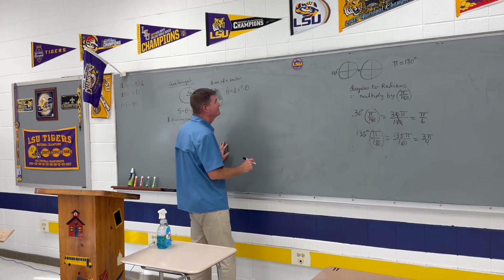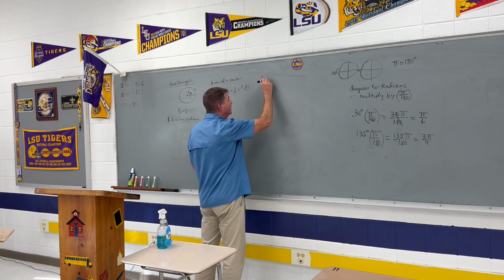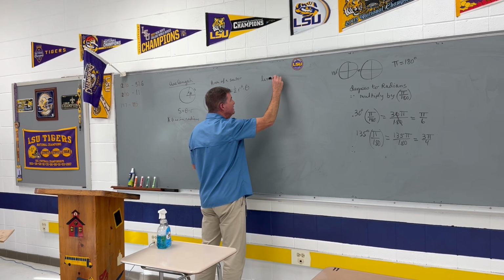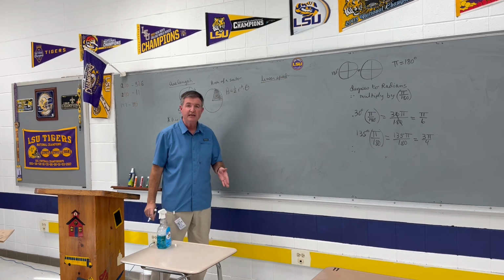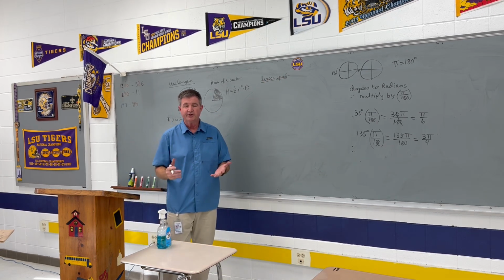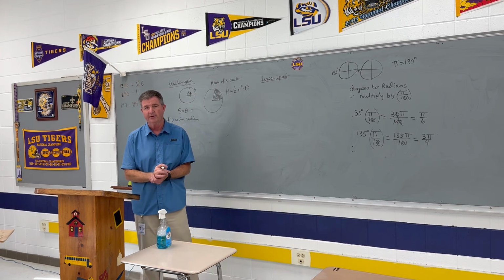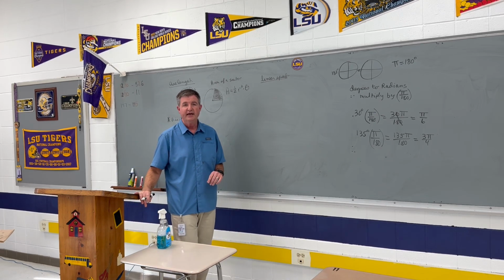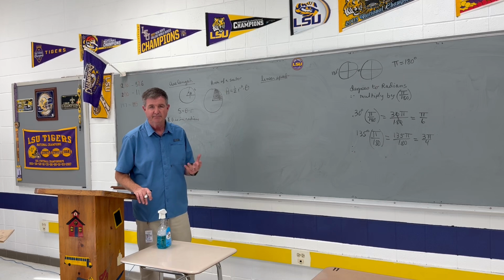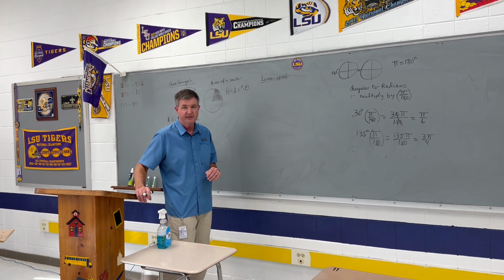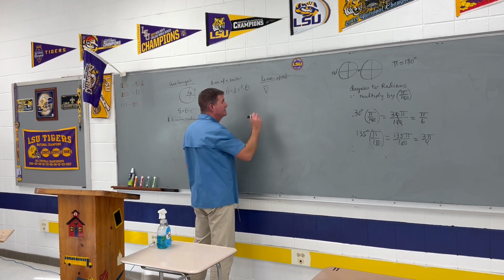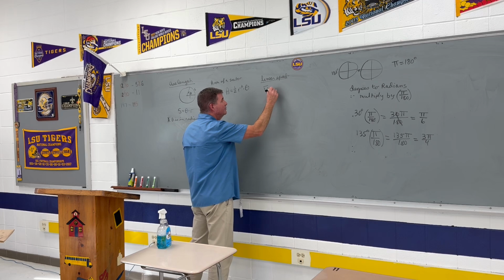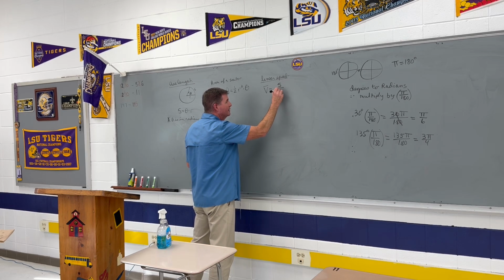So these are two of the formulas that we're going to be using. We also have something called the linear speed, meaning speed in a straight line. If you're in your car going 70 miles per hour down the highway, then your linear speed is 70 miles per hour. The linear speed, which is velocity, is equal to distance over time.